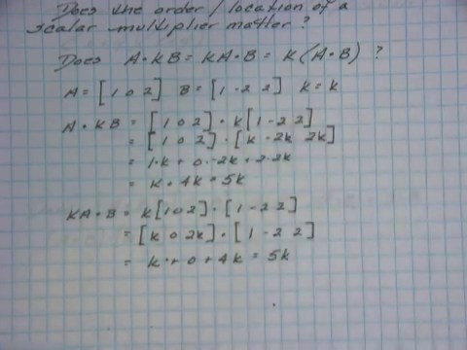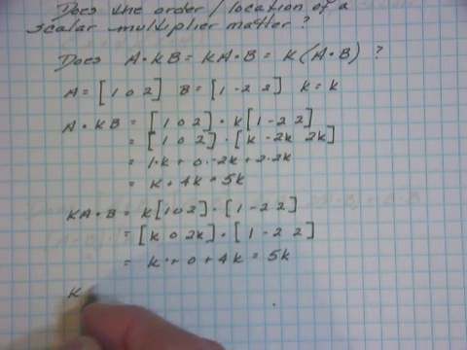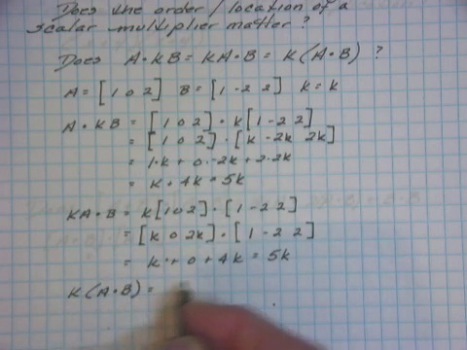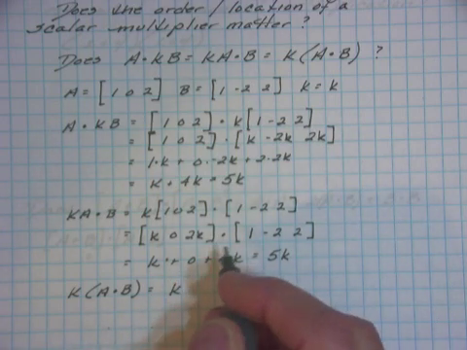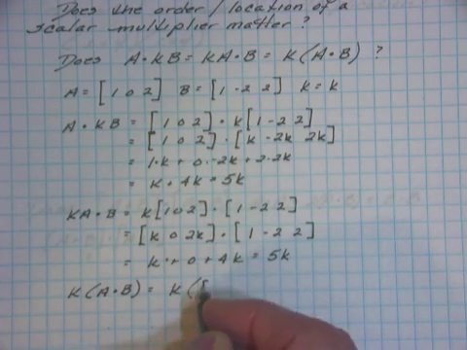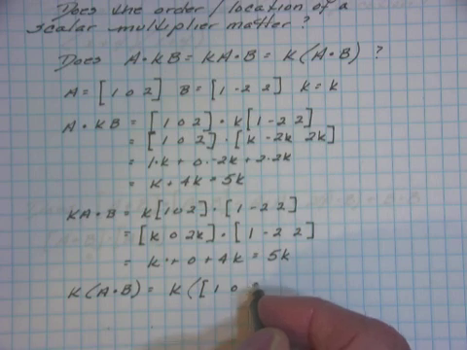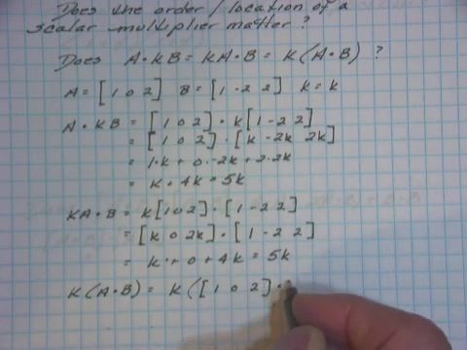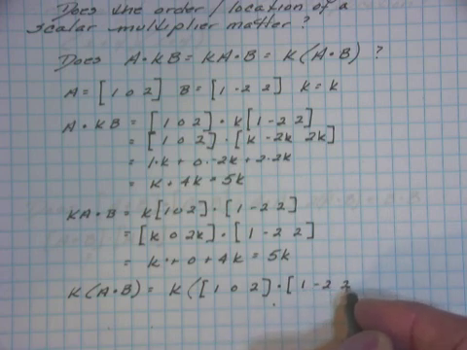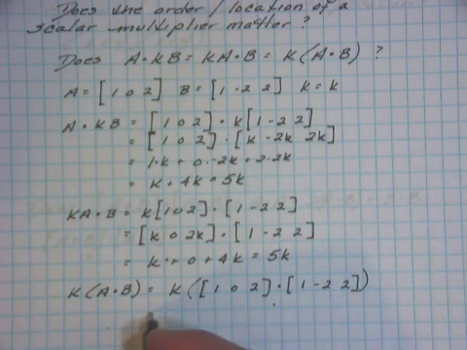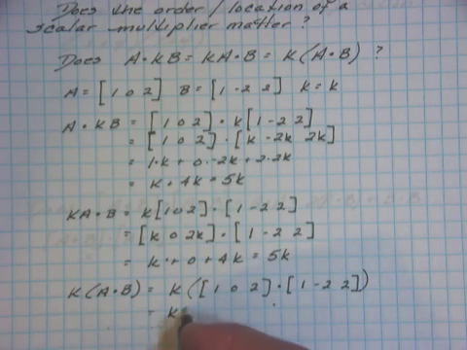Now what we're going to do is the dot product of A and B first, and then apply the multiplier. So we've got k times the quantity A dot B. And now we've got the matrix 1, 0, 2 dot 1, negative 2, 2.